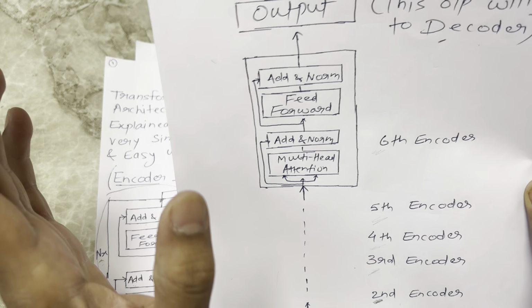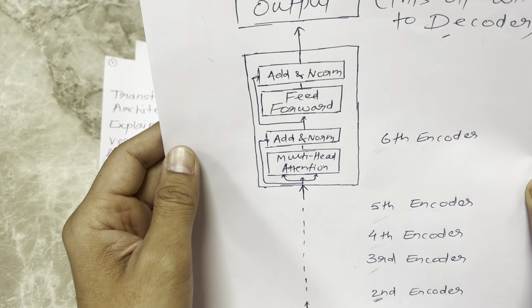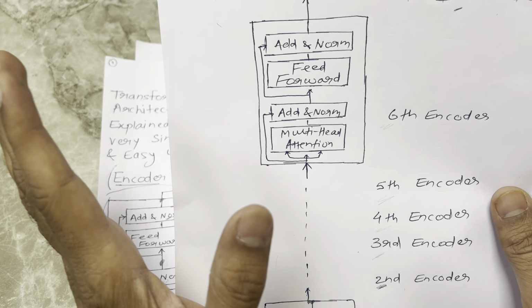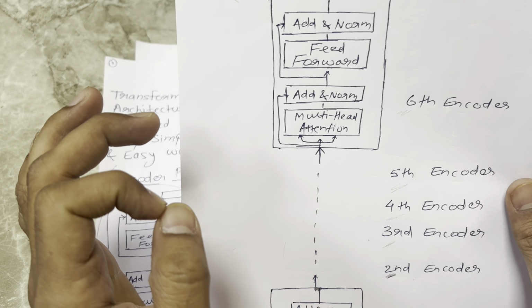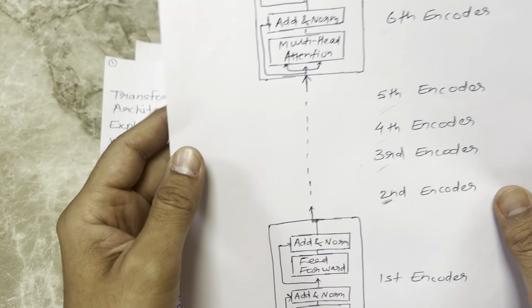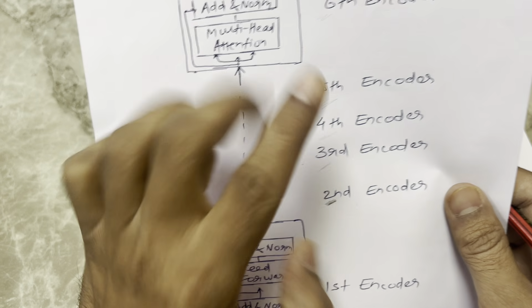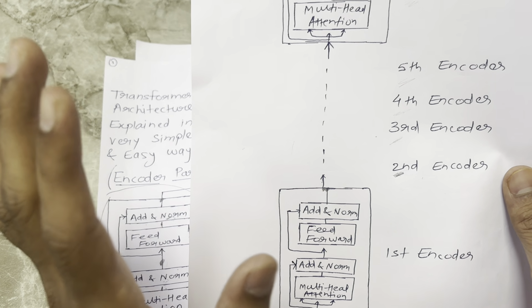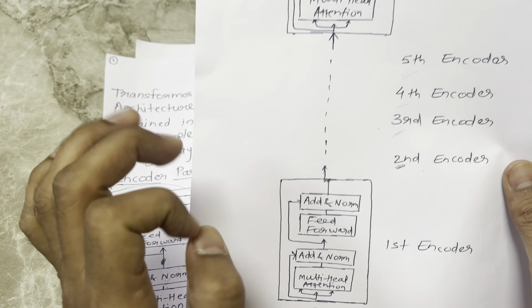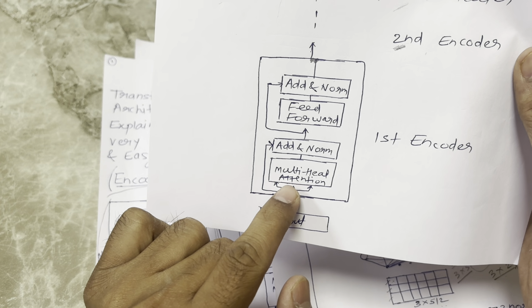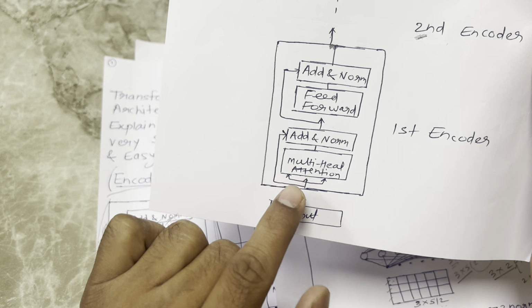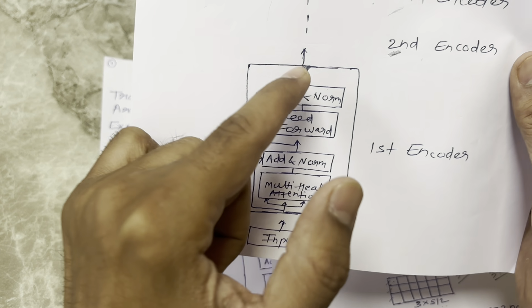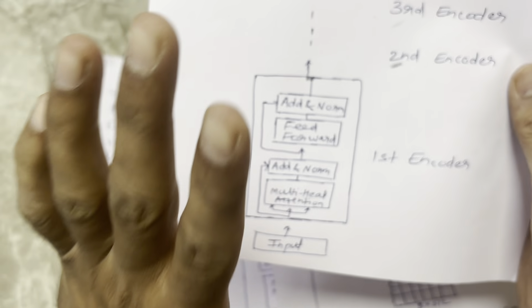Okay, one important thing you must remember, and don't get confused about this. Although each encoder block has the same architecture, as I've told you, copy paste in terms of structure, the parameters are different for each block. This block, this block, this block, parameters are different. Whatever the weights and biases you have in the multi-head attention of the first block, the weights and biases in the multi-head attention of another block, that is the second block or third block, they are different.